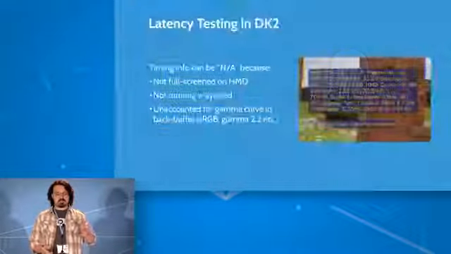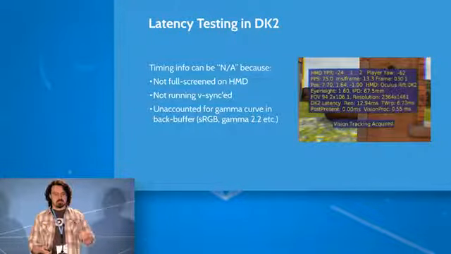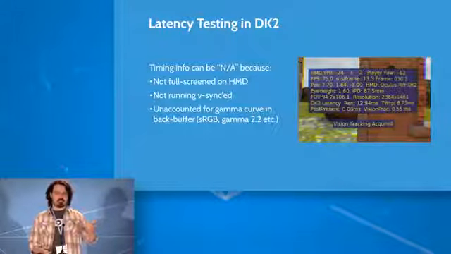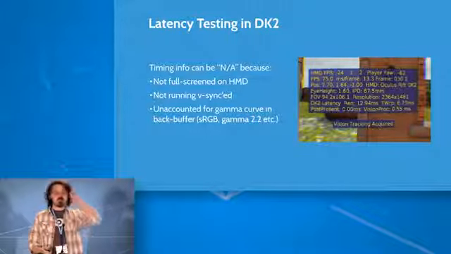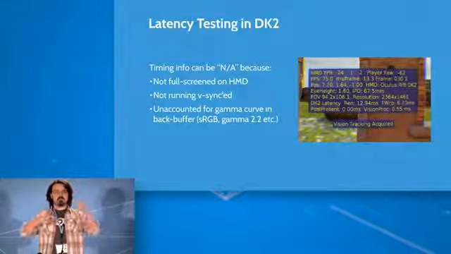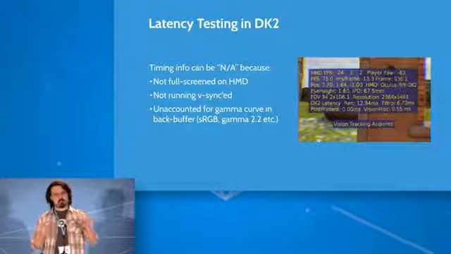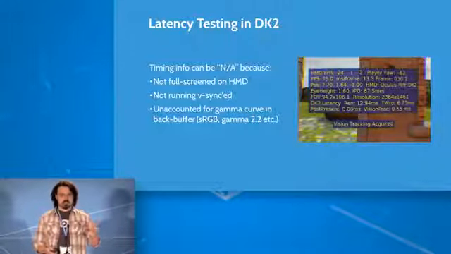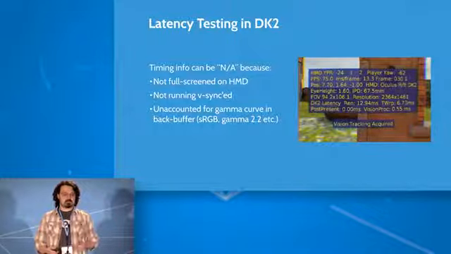I should note that sometimes you'll see not applicable show up instead of the timing, and that can happen due to various reasons. For example, perhaps your application isn't properly full screened on the HMD, so the top right pixel isn't getting rendered exactly where it's supposed to. Or maybe you're not running your application V-synced, so the top right pixel color might not be going through the transition that the SDK is expecting because it's flipping way faster or way slower than expected.